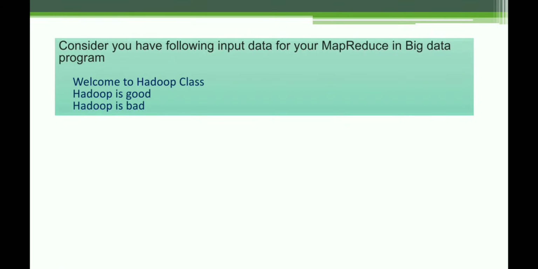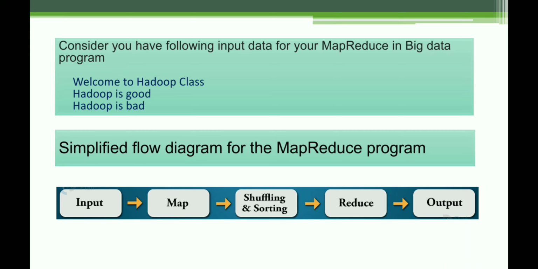Let's see an example of the MapReduce framework. In this example, we have to count words in the input data. The following diagram shows the simplified flow diagram for the MapReduce program. Let's understand with the MapReduce example how the MapReduce framework works.